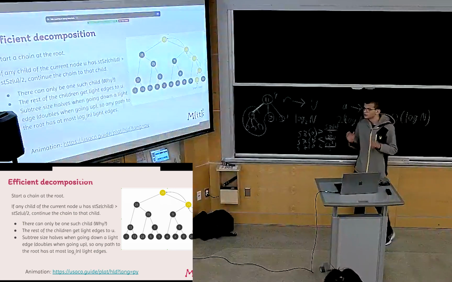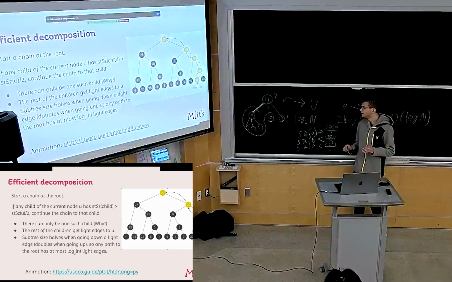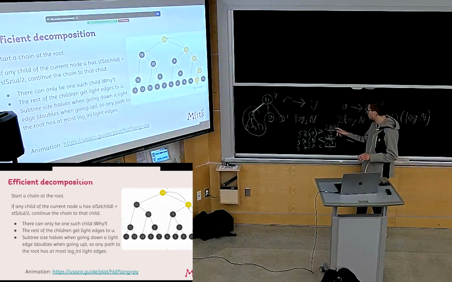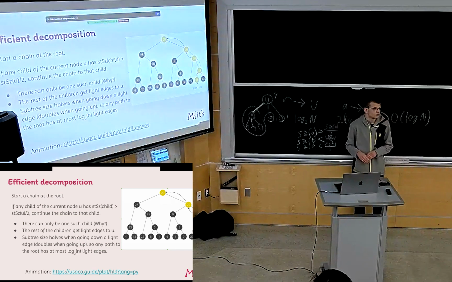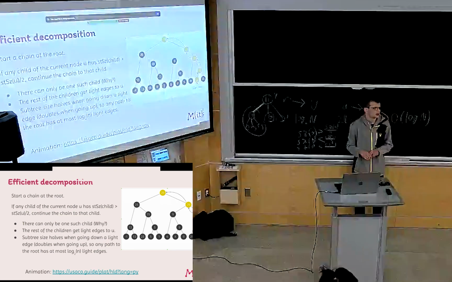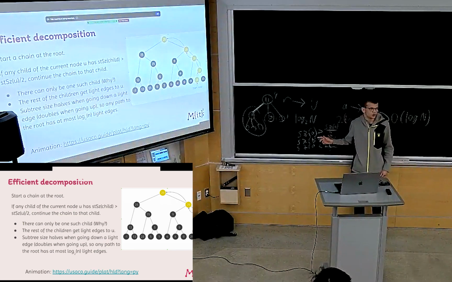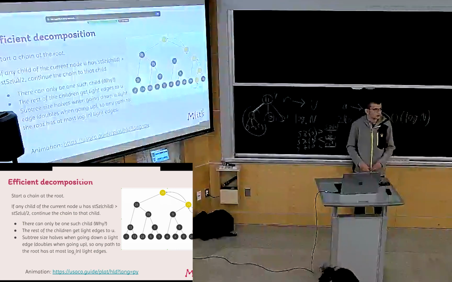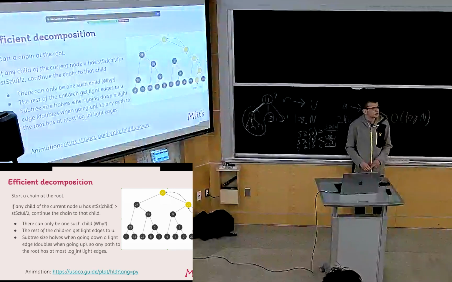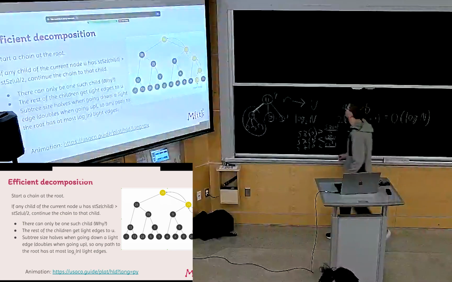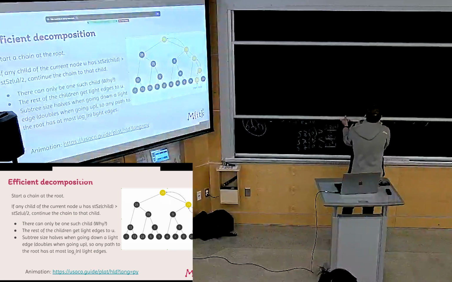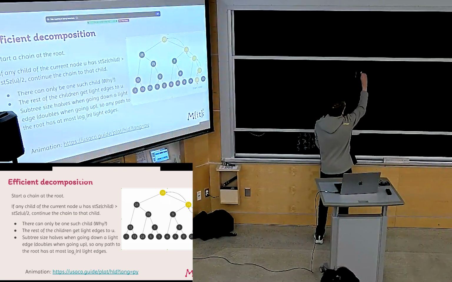One fundamental idea is that there can be at most one child whose subtree size is greater than half the subtree size of U. Do you agree with that? For example, let's say the original subtree size is 10.